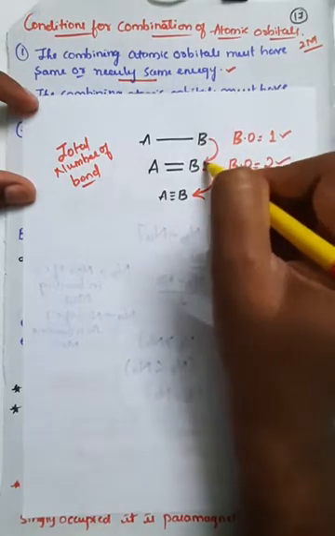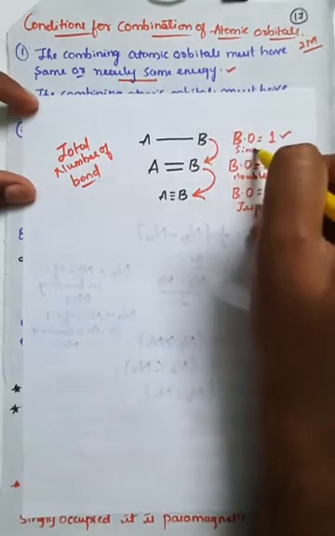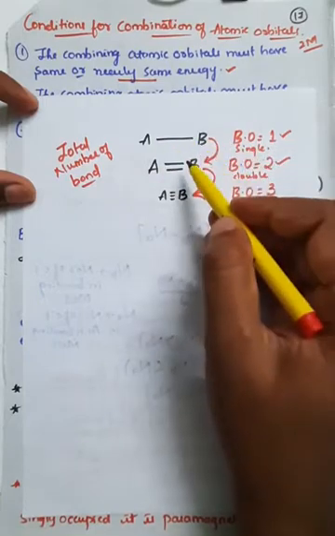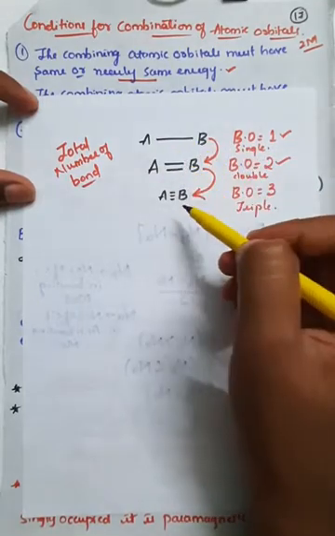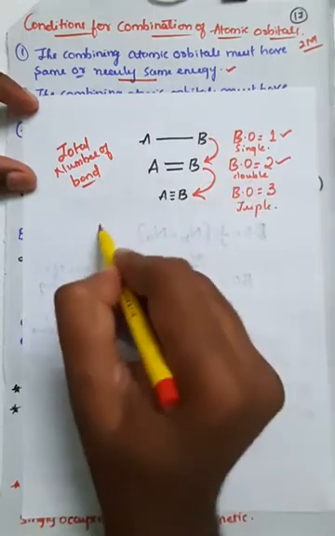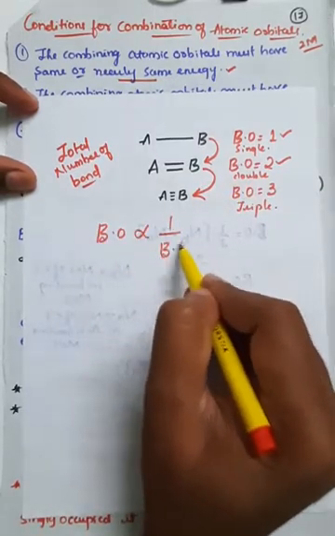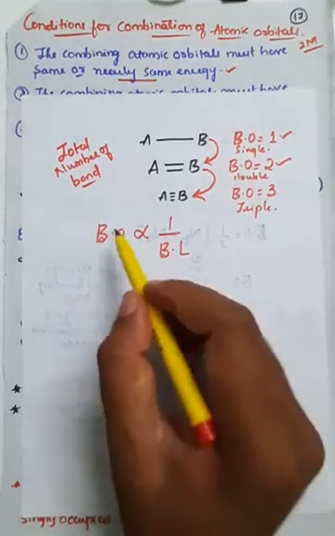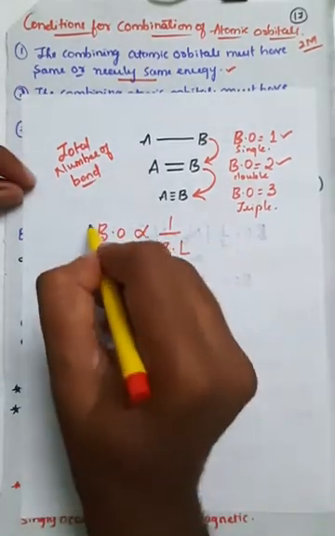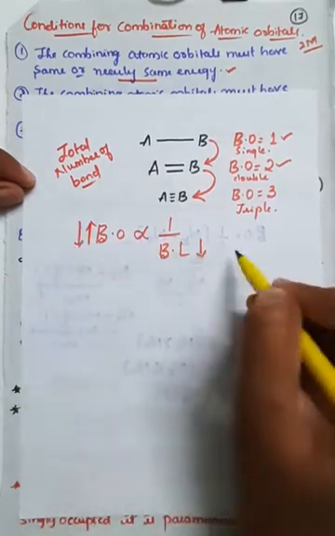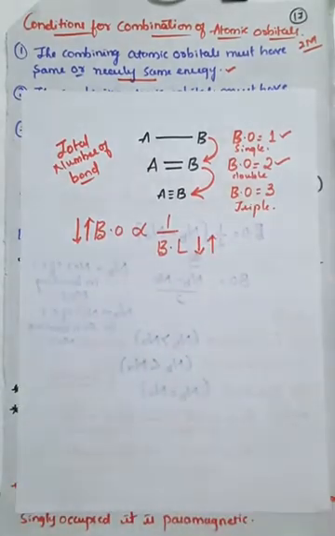Similarly, in case of single bond, the length is maximum when compared to the second and third examples. Therefore, we know that bond order is inversely proportional to bond length. If bond order increases, bond length decreases. If bond order decreases, bond length automatically increases, right?